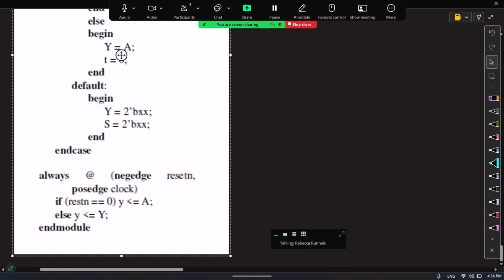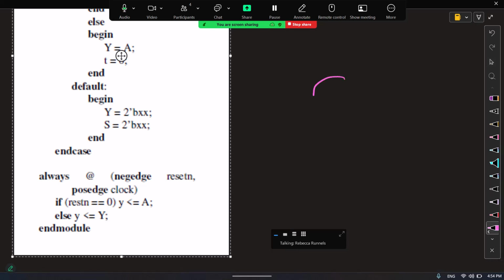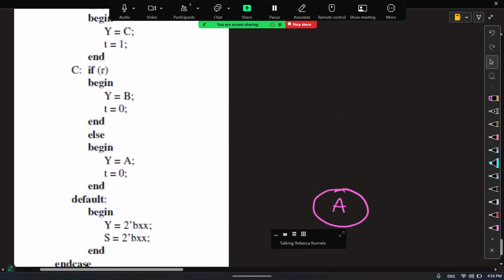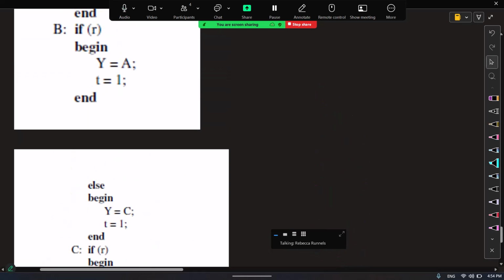If you've pressed reset, then your current state is A. So that tells us that A is our reset state. Else, lowercase y becomes uppercase y. Lowercase y is our current state, uppercase y is our next state. That's telling us this is a finite state machine. Okay, now let's go back and see what it's saying.